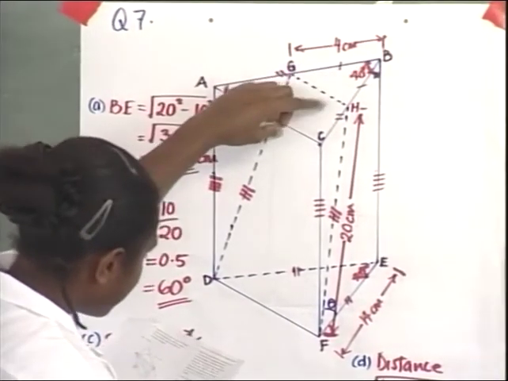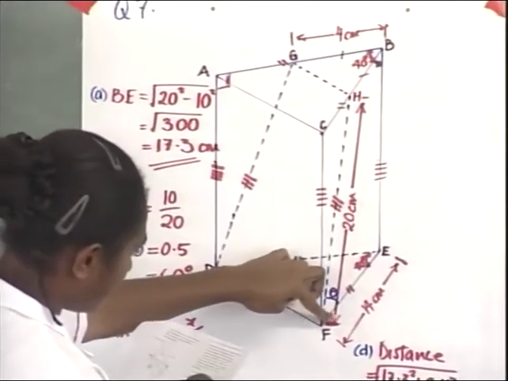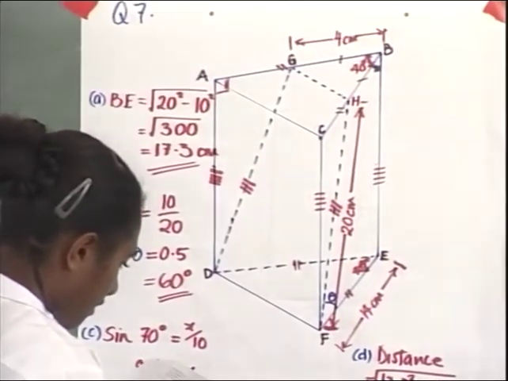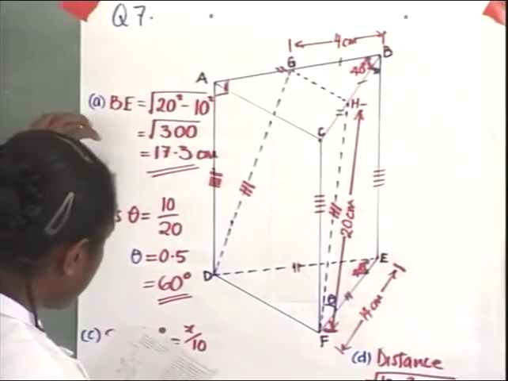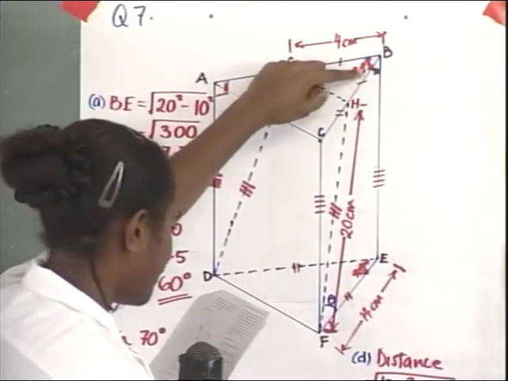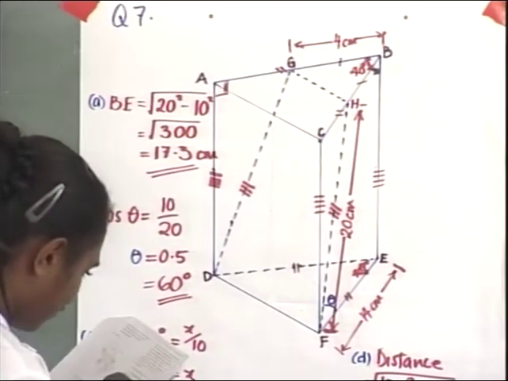AB equals CB, which equals DE, equals EF, which equals 14 centimeters. The angle ABC is equal to 40 degrees, and DEF is equal to 40 degrees also.